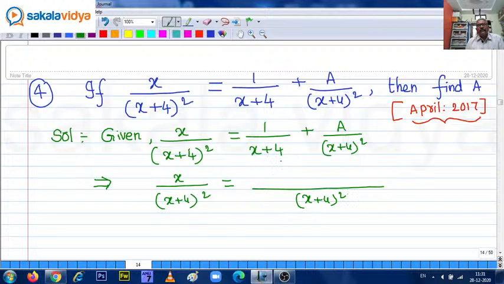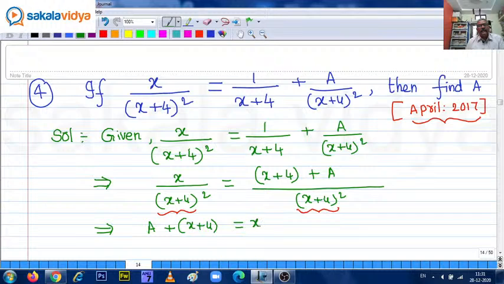So x plus 4 whole square by x plus 4, x plus 4, plus this will be a. Now x plus 4 whole square, x plus 4 whole square cancel. We'll get like this: a plus x plus 4 equal to x.